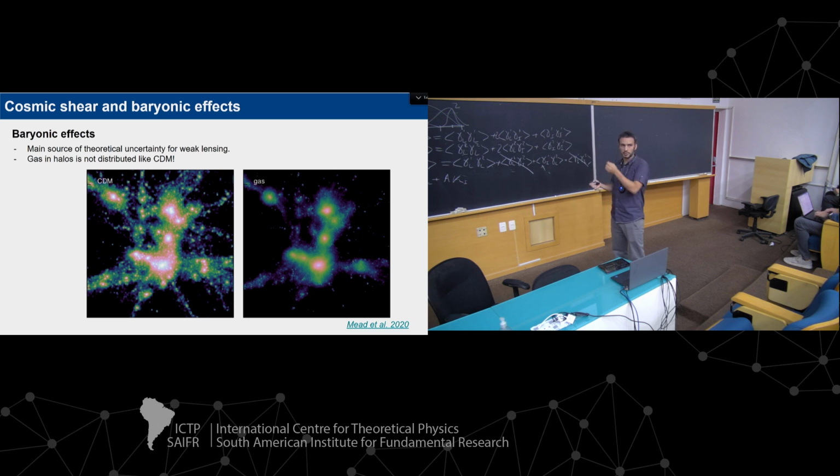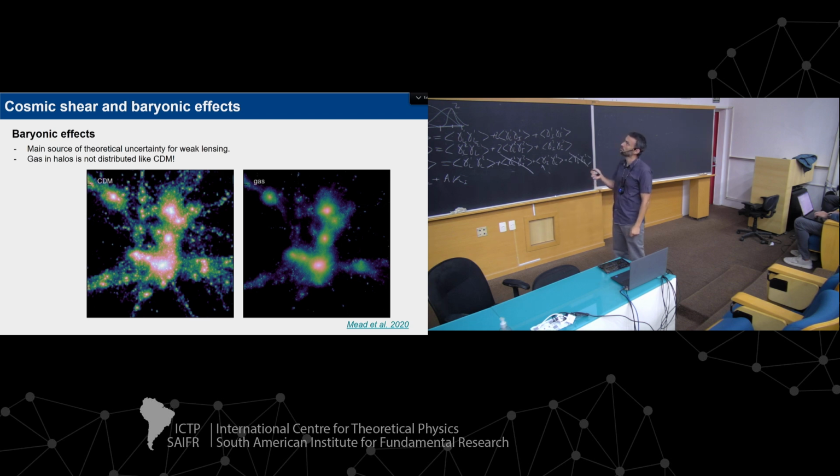In an N-body simulation, we can't simulate an AGN, an active galactic nucleus. That's too small a scale. So we have to put in ingredients in the N-body simulation by hand, where we say, I think based on the mass of this galaxy, the AGN should be like this, and probably this is the amount of energy that it's spewing, and what that does to the gas, right? So we need to put in parameters by hand that are not fundamental, right?